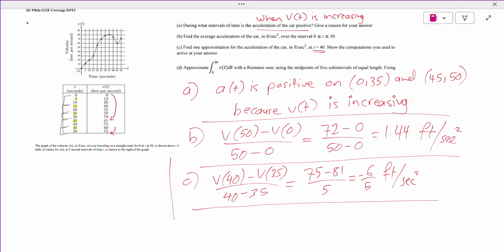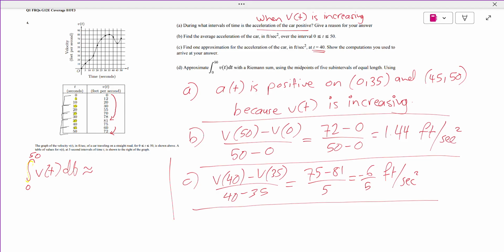So that integral would be, so the integral from 0 to 50 of v of t dt is approximately what?